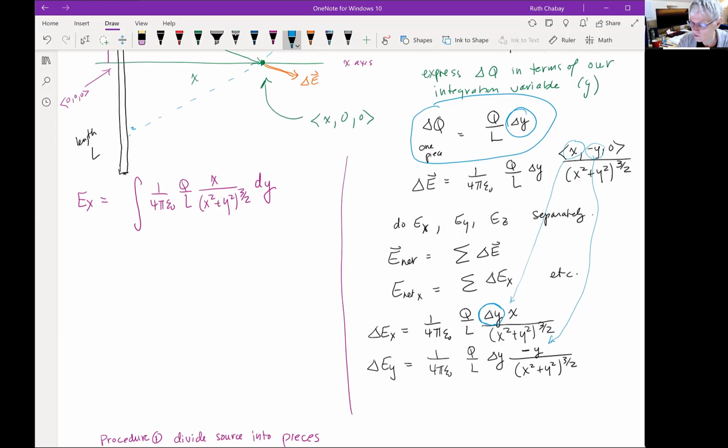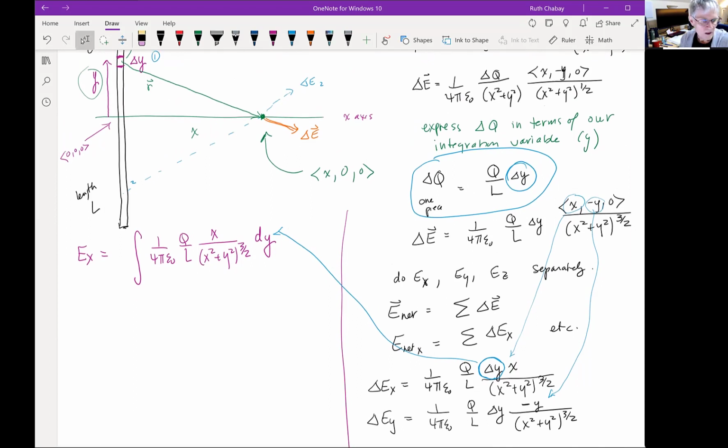So our delta y turned into this infinitesimal dy. But this is a definite integral because the rod is not infinitely long.